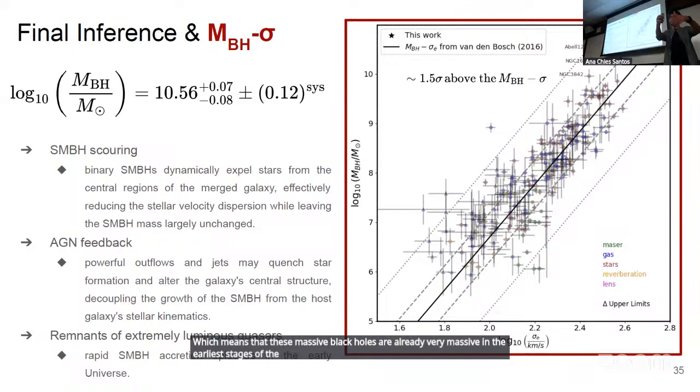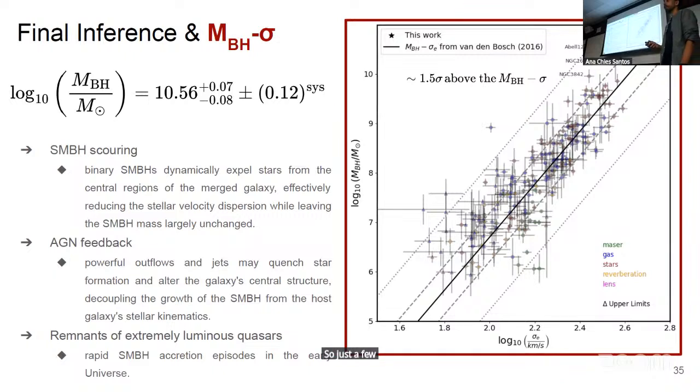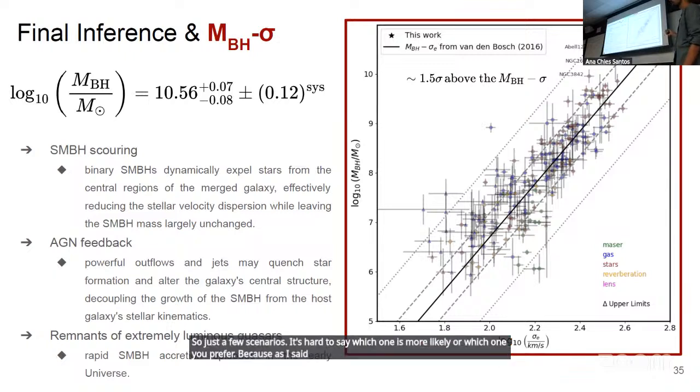And through the evolution of time, they only grow more and more in mass, and this doesn't necessarily follow the same evolution of the host galaxy. So, just a few scenarios. It's hard to say which one is more likely or which one you prefer, because as I said, we only have a few objects in this region.